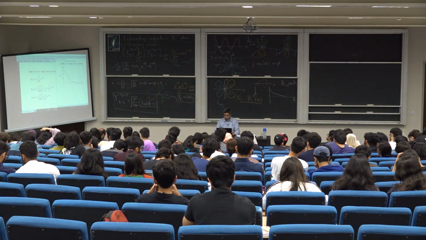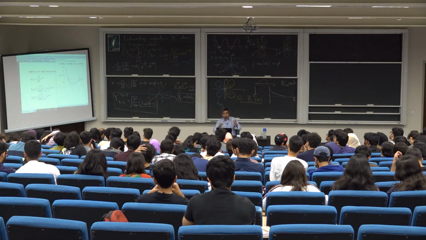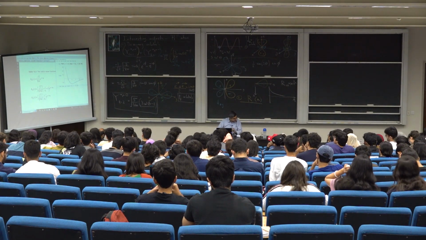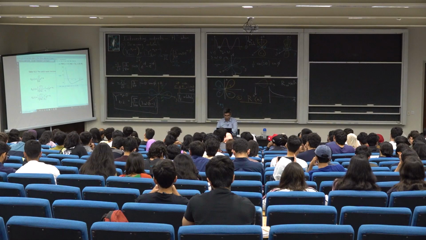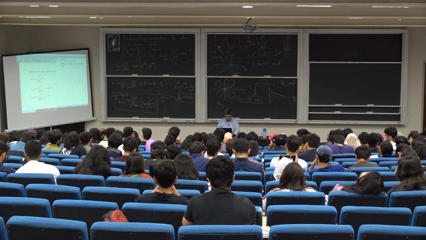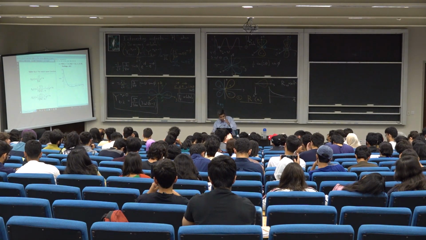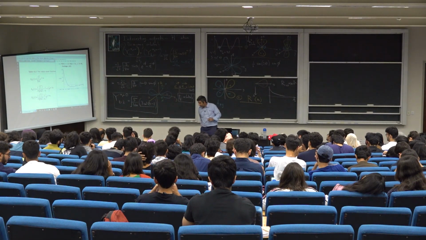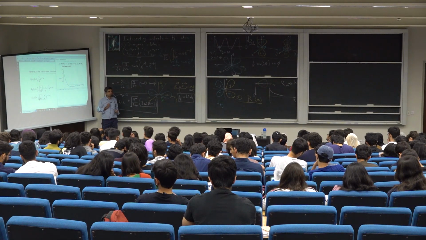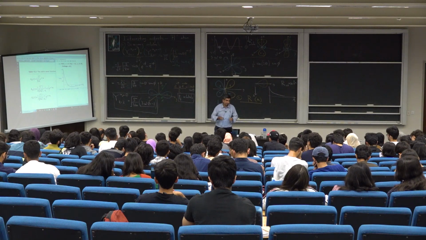Let's plot this up to a higher value of r. This is what the 2s orbital looks like. For your satisfaction, let me draw the 1s orbital as well.